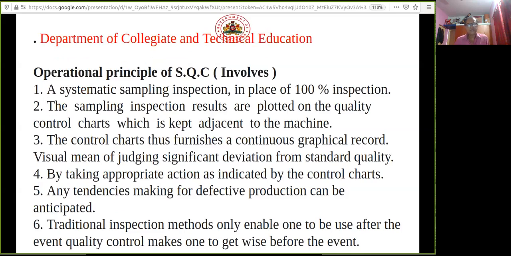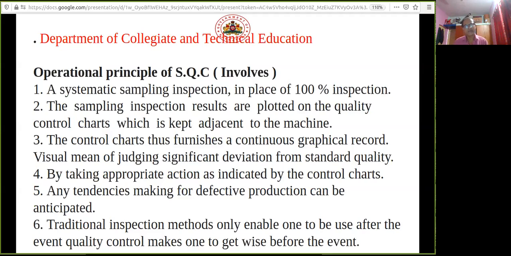Now we'll be studying the operational principles of statistical quality control. So when you look at how exactly statistical quality control works, it involves the operational principles of SQC. One, a systematic sampling inspection in place of the 100% inspection.